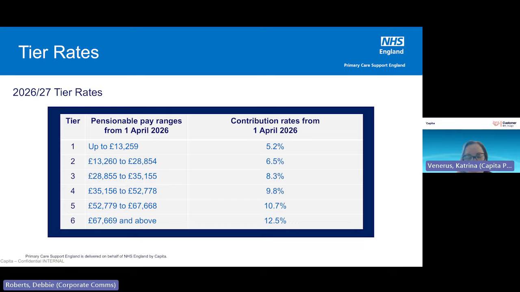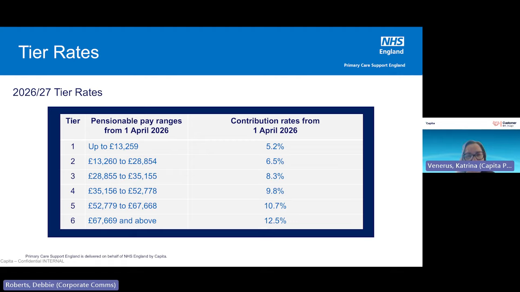But as you'll probably all be aware, the tier rates vary for the NHS pension scheme from year to year. So the 26-27 tier rates were announced by NHS Pensions before the start of the year when they published the paper estimate form.